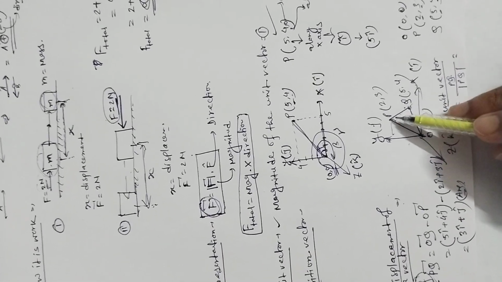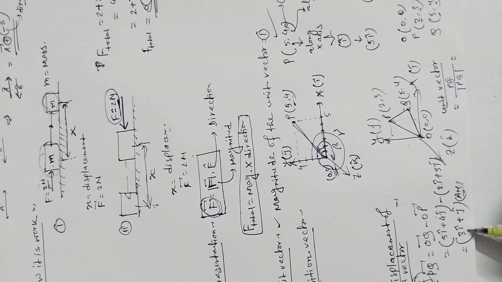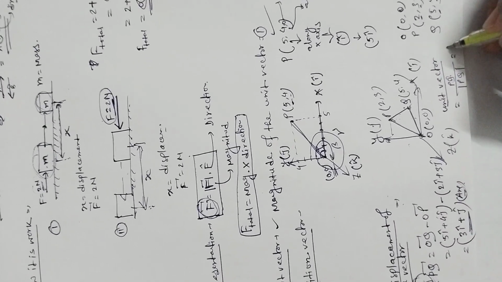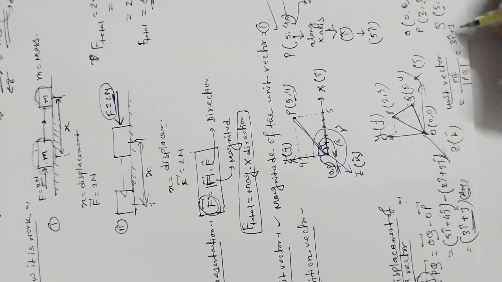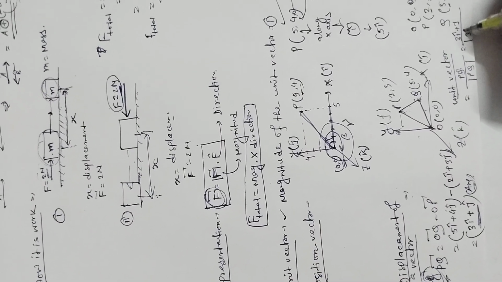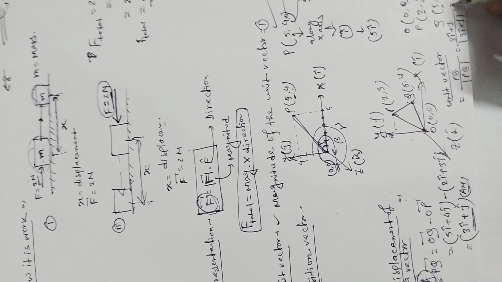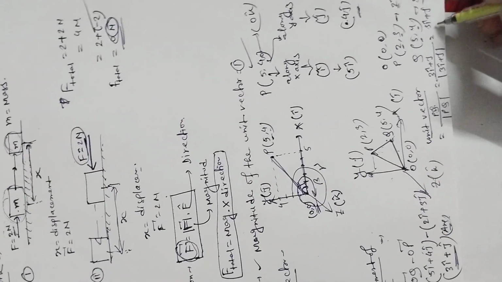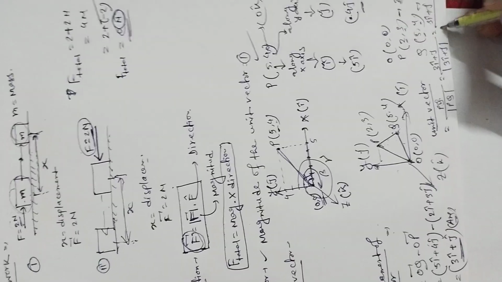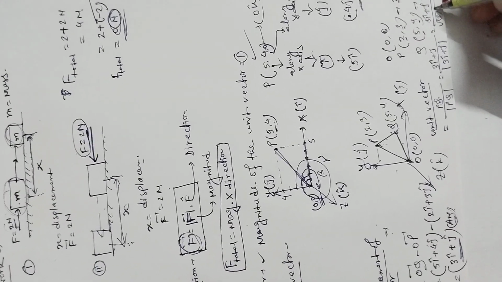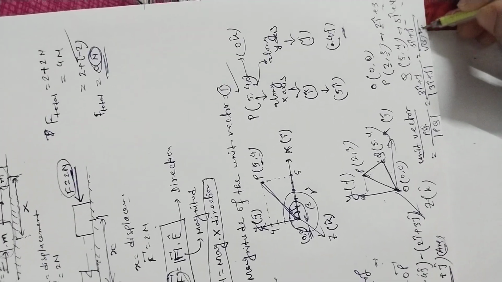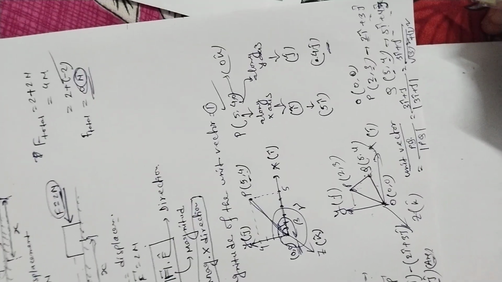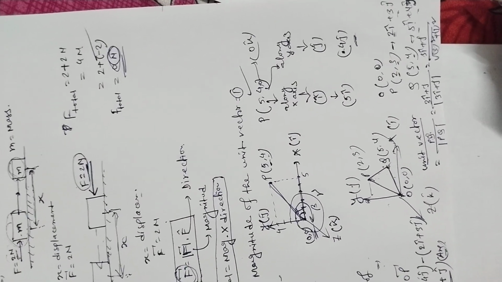So PQ is 3 I cap plus j cap, by mod of 3 I cap plus j cap. So 3 I cap plus j cap by root over of 3 square plus 1 square.